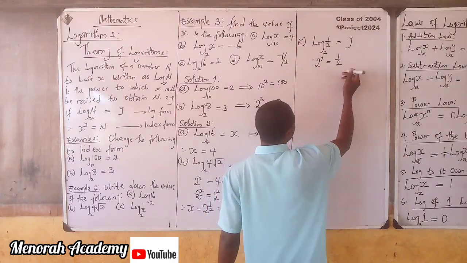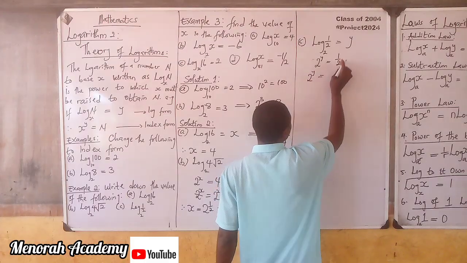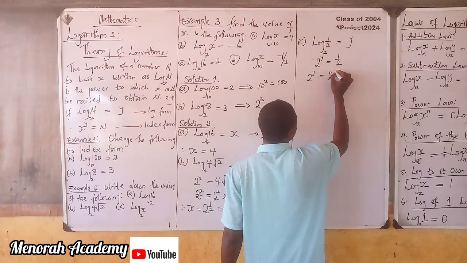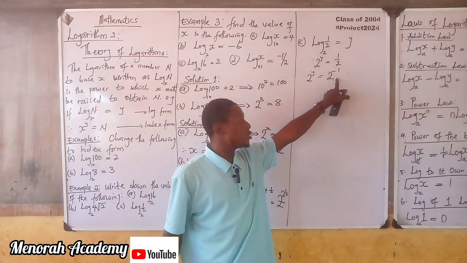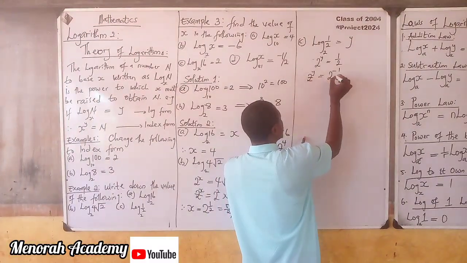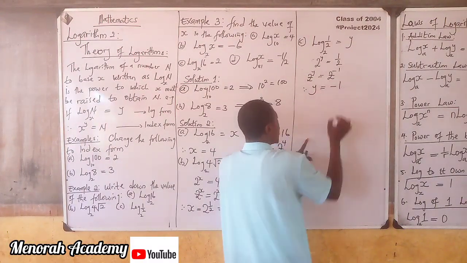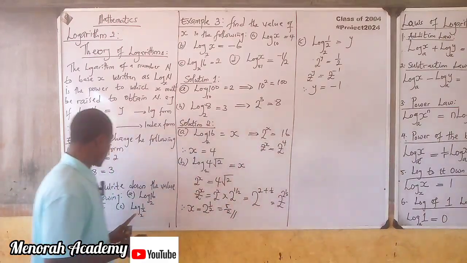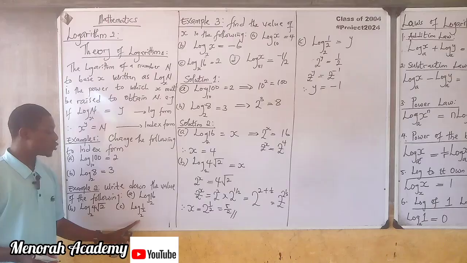Now, according to the law of indices, 1 over 2 is also written as 2 raised to the power minus 1. So we cancel these two, and therefore our y will be equal to minus 1. This becomes the value of C, this log 1 over 2 to base 2.